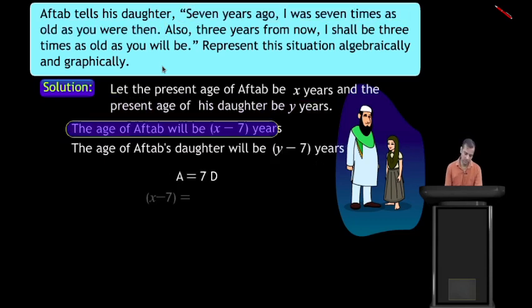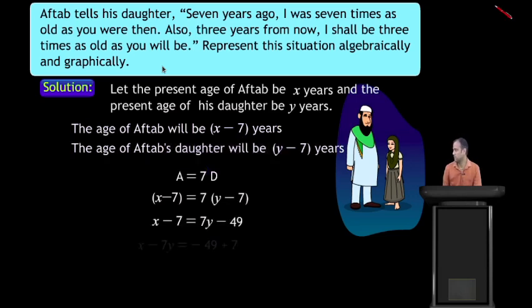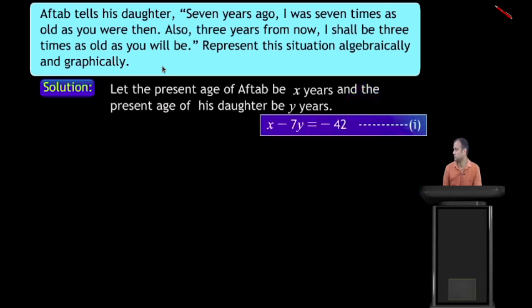So the first situation tells that I was 7 times as old as you were then. So we put the ages of both, then we can make an equation. So this is our first equation. And 3 years from now I shall be 3 times as old as you will be.